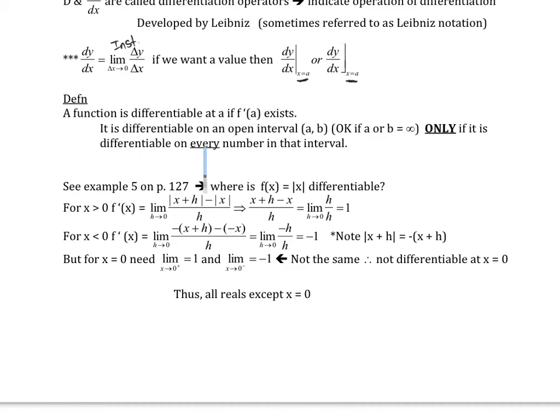It is differentiable on any open interval a to b, okay, if a or b is infinity, only if it is differentiable on every single number in that interval. If you take a look in Stewart on page 127, example 5, he determines if the absolute value of x is differentiable. Look, when we have the absolute value of x, we have two situations.